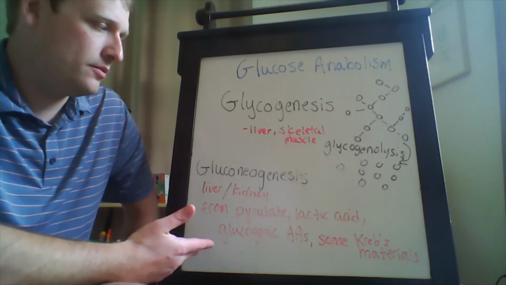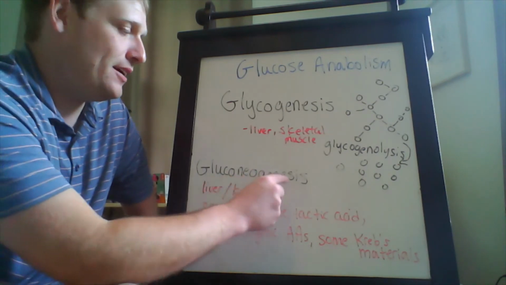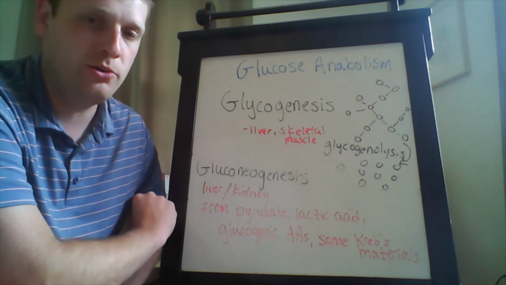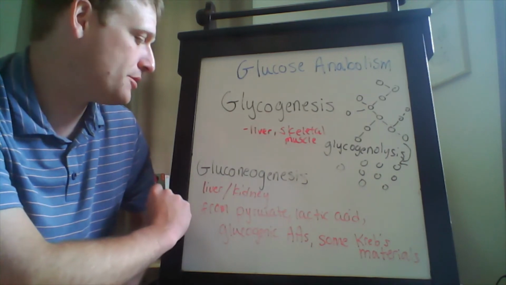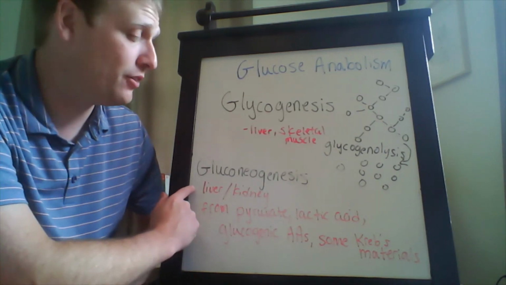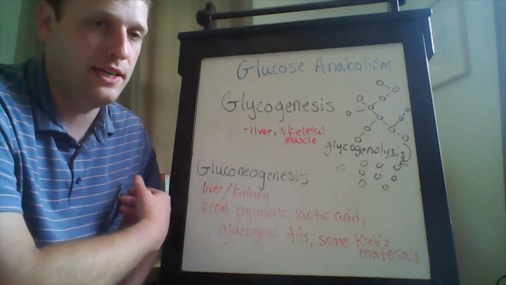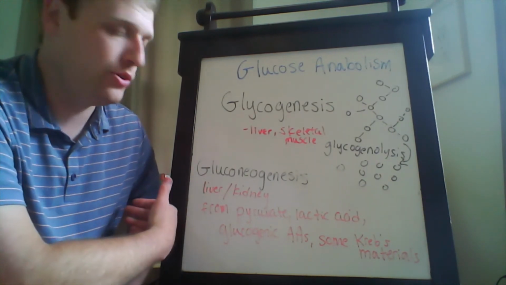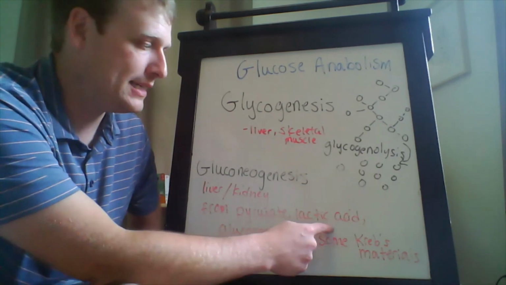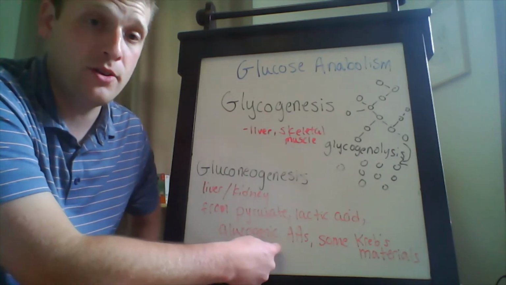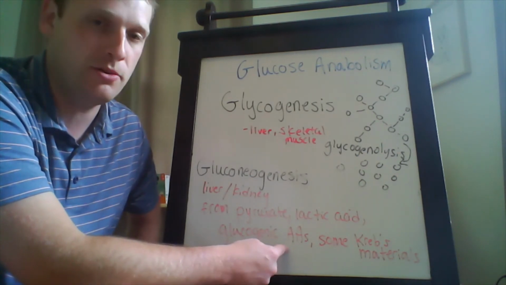The other way that you can come up with glucose is through making glucose from scratch, gluconeogenesis. That means the new formation of glucose. And this happens in both the liver and the kidney. What's going to go into these reactions, making new glucose, is going to be molecules like pyruvate, lactic acid, some of those glucogenic amino acids that I mentioned previously.